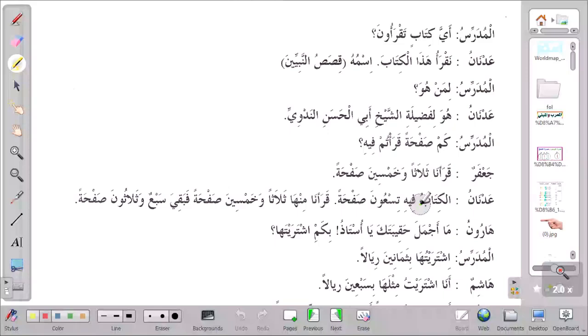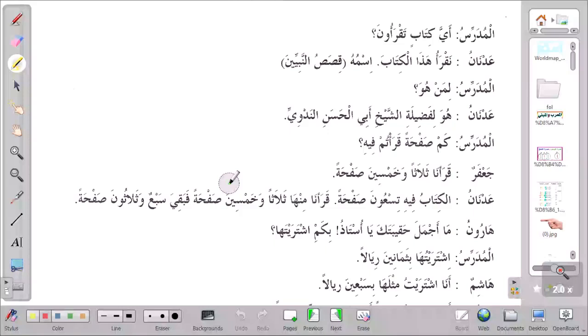The book has 90 pages. قرأنا منها ثلاثا وخمسين صفحة. We have read 53 pages from it.